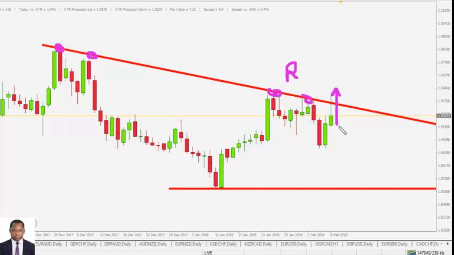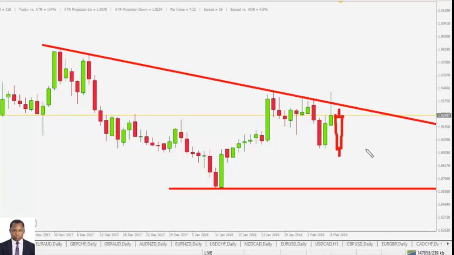Resistance, but failed. It was rejected right there, and we are seeing the push to the downside. That is a heavy rejection. We are having the green light that the next immediate move will be a push to the downside, a solid bearish candle for tomorrow.